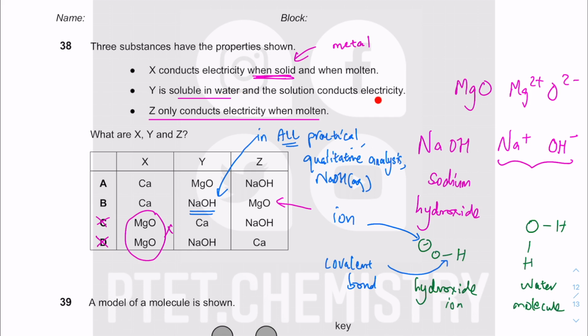They can conduct electricity. So the answer must be B there. MgO is not very soluble in water, despite it being an ionic compound, because I did say that not all ionic compounds are always soluble in water, but most ionic compounds are soluble in water.